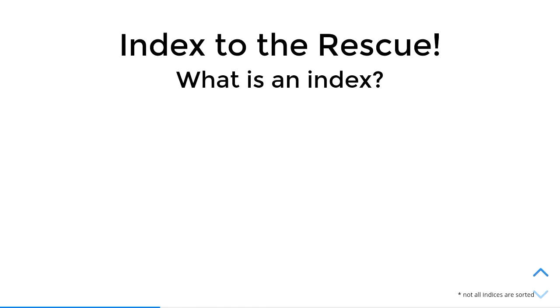So, indexes to the rescue. What is an index? Basically, in this case, it's a key value store where the keys are the list of values in the field that we've asked to index, and the values are the page number and item ID that we mentioned before. So when Postgres wants to find something, it knows what page to go to.